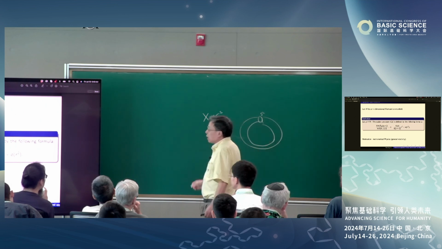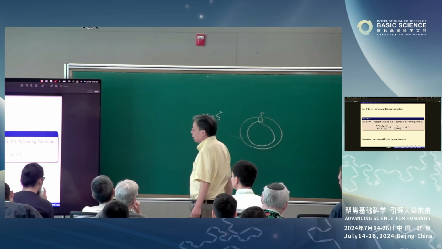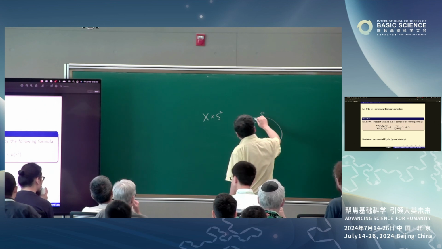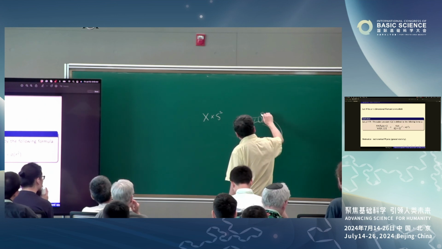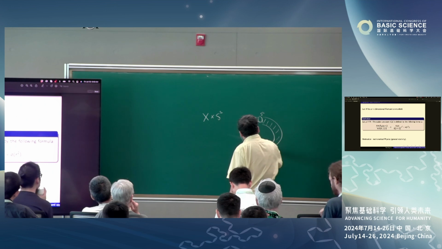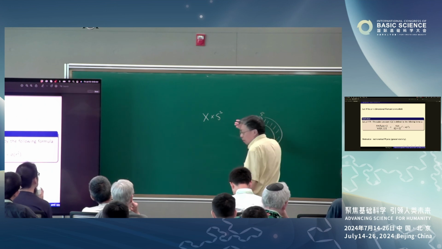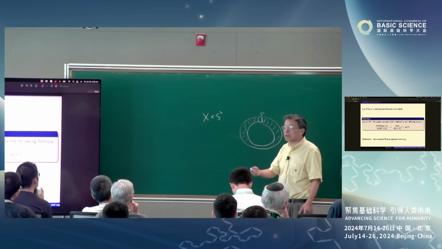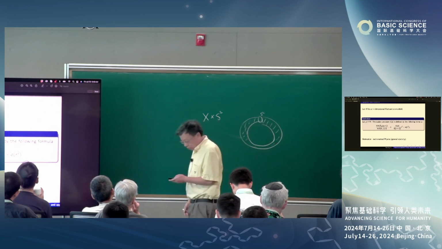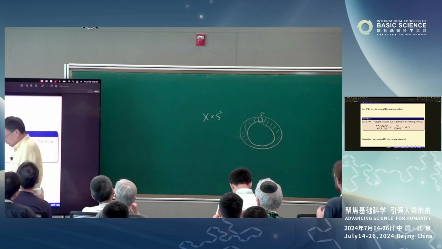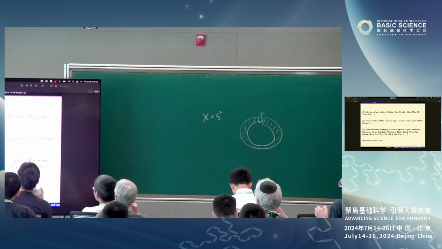The intuitive idea is that if you fill in the S2 direction here, then of course the fundamental class will collapse. And that's the problem. That's the conjecture, actually.